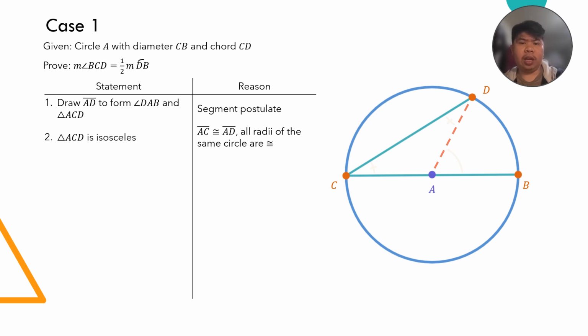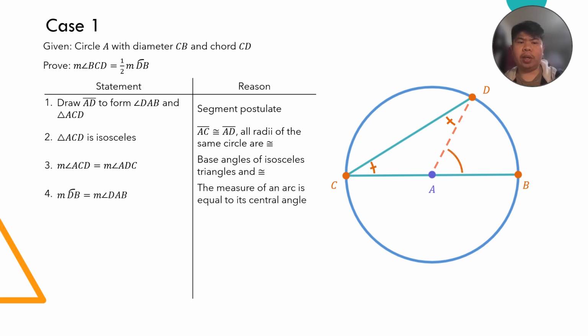Having drawn AD, we know that triangle ACD is isosceles since AC is congruent to AD because they are radii of the circle. The measure of angle ACD is equal to the measure of angle ADC, since these are base angles of our isosceles triangle.